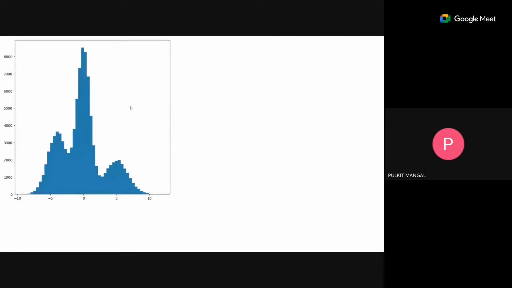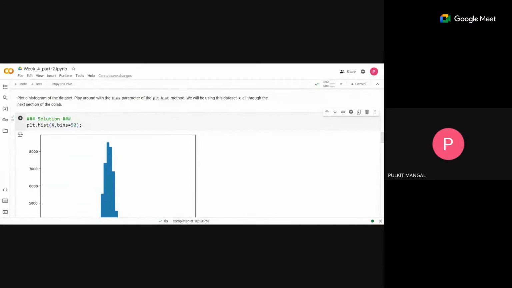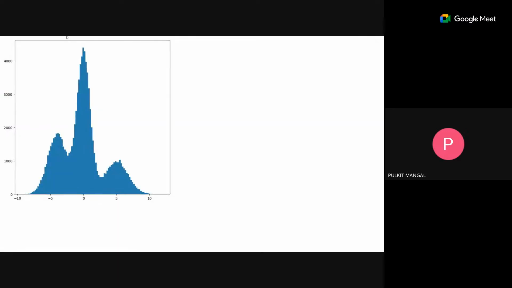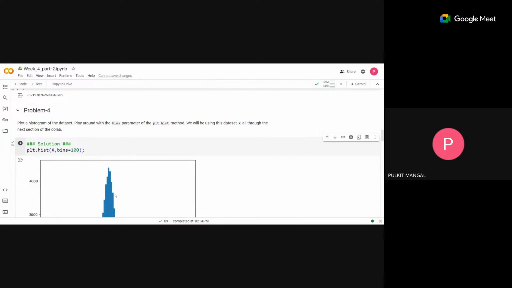Now if you see, this looks much better than before, and it looks like there are 3 different Gaussians. Now if we make it 100, this is even better, and we can clearly identify this is one Gaussian, this is another Gaussian, and the third one here. So you can play around with these bins, try increasing and decreasing. I hope this histogram part is clear.